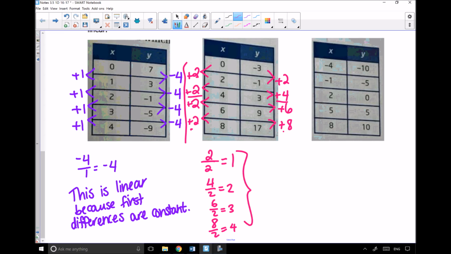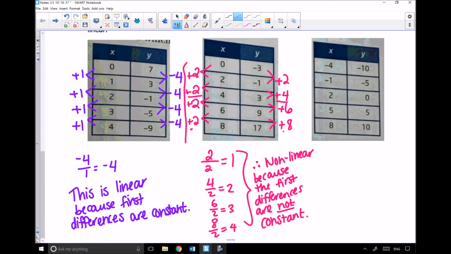None of these answers are the same, so therefore this is nonlinear because the first differences are not constant. Okay?